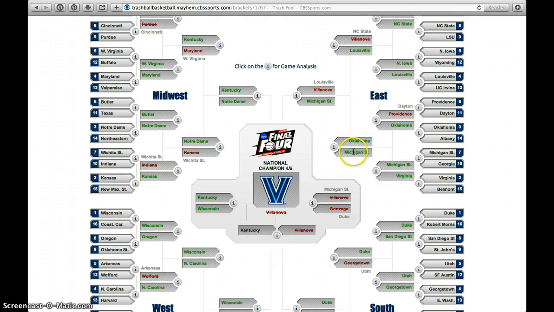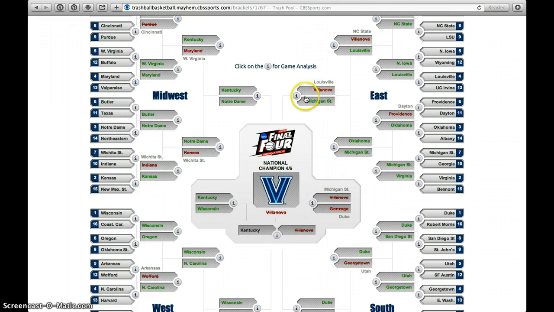Okay? In the next game, Michigan State, again as a number 7 seed, played Oklahoma. Let's see, Oklahoma was a number 3 seed. Again, we're going to expect that Oklahoma, as a number 3 seed, would beat Michigan State as a number 7 seed, but that did not happen. Michigan State, again, upset Oklahoma and made it to the next round.